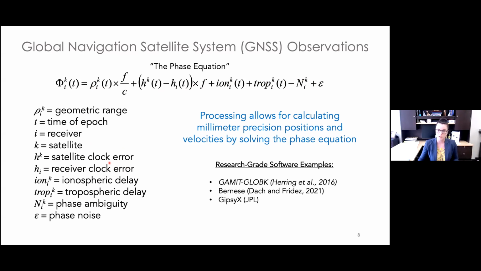Currently, these are 3 examples of research grade software systems: GAMIT-GLOBK, Bernese, GipsyX. These are all available. One of them costs money. In my group, we use GAMIT-GLOBK, but these all allow us to do these complex corrections and actually get millimeter precision positions and velocities.